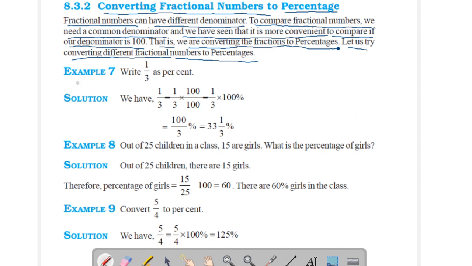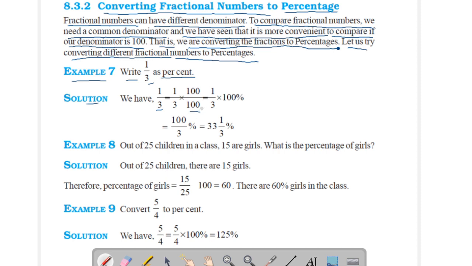Let's say example 7. Write 1 upon 3 as percent. See the solution. We have 1 upon 3. You have to write 1 upon 3 as a percentage. Percentage means out of 100. It means you have to multiply it by 100. Multiply 1 upon 3 into 100%.